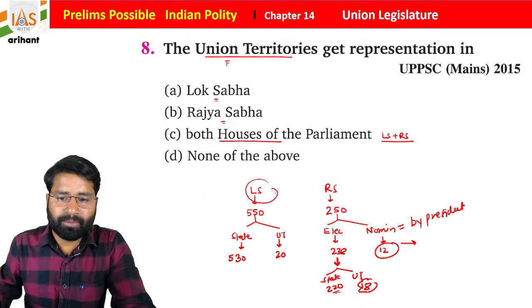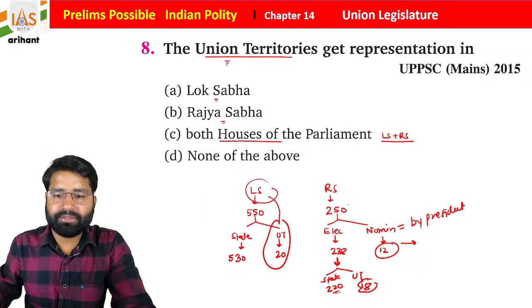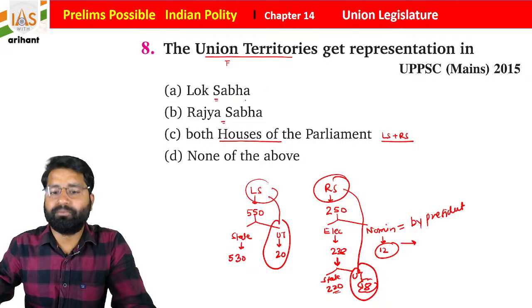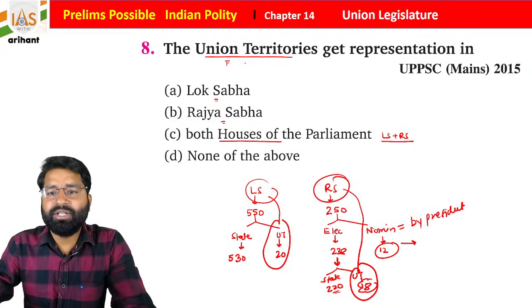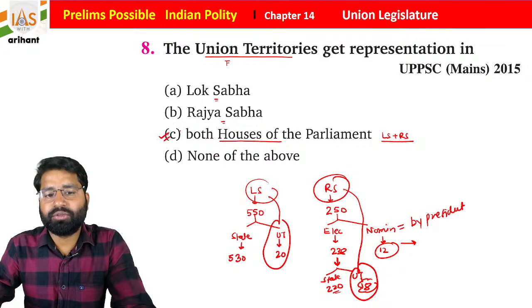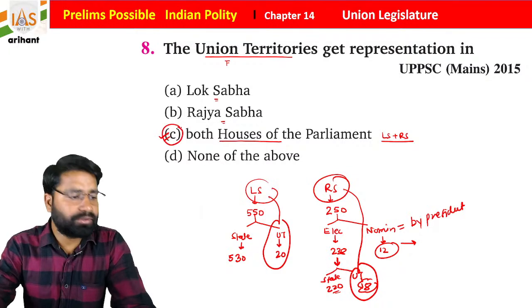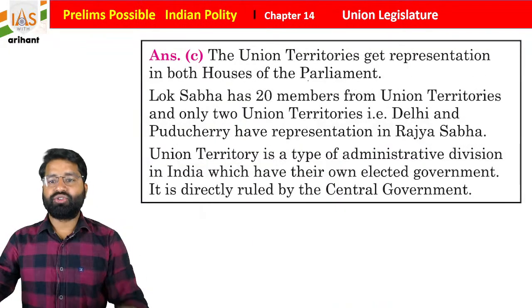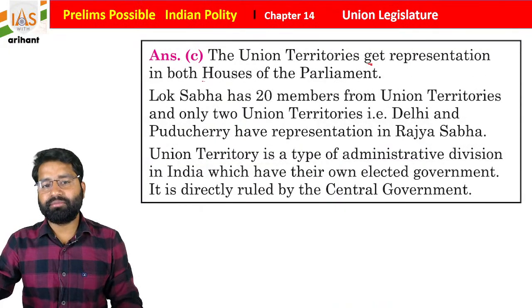So in Lok Sabha there are union territory seats, and in Rajya Sabha also. So union territories get representation in both Houses of Parliament.